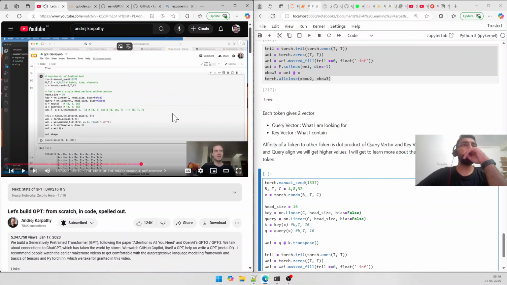That will be the affinity for each of them. And then we will again apply this masked fill, so that we are not looking into the future elements.